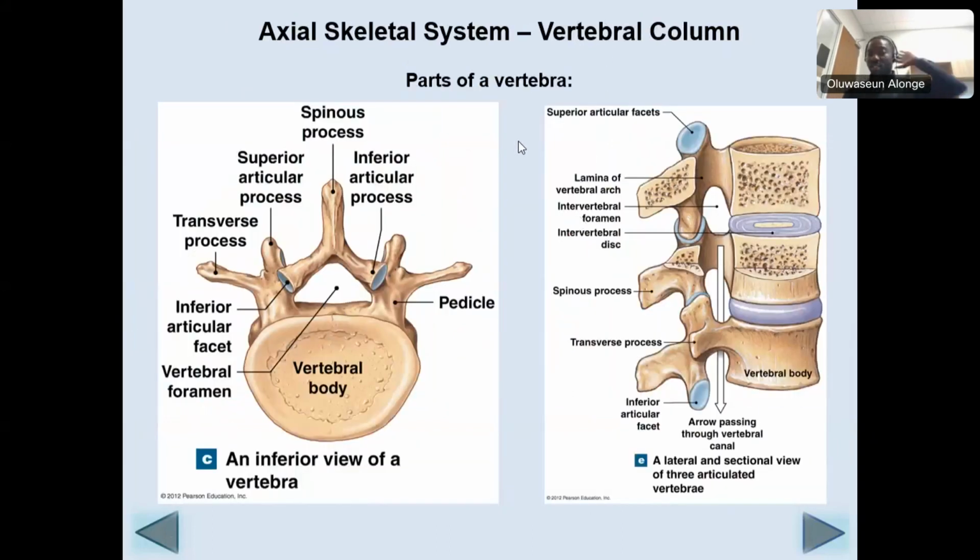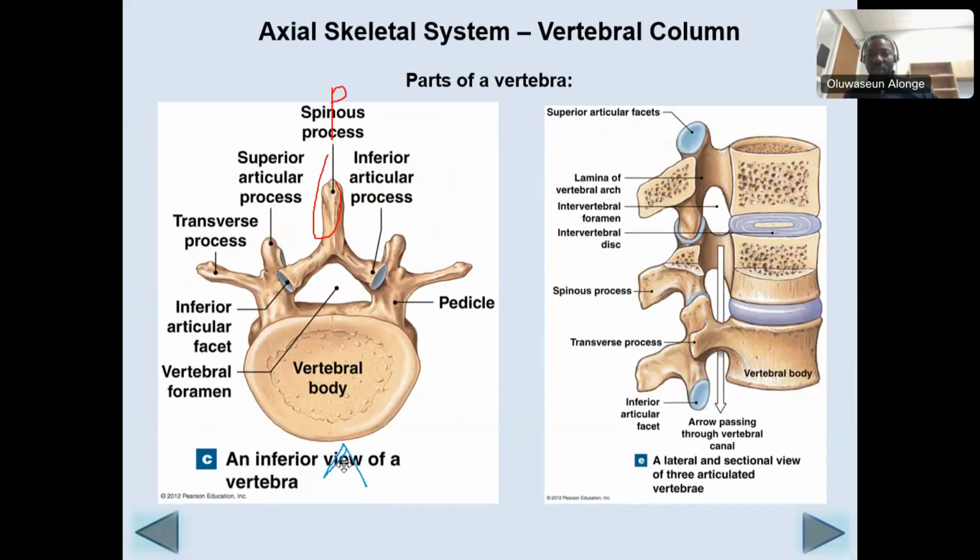Now, looking at this, you see different parts of the vertebral bones right here. The first thing I want to show you is the spinous process, and this is the posterior view. This is the posterior side. This is anterior. Okay.